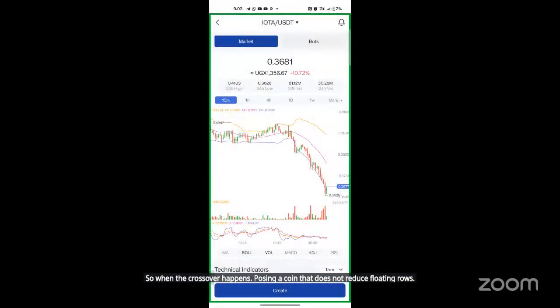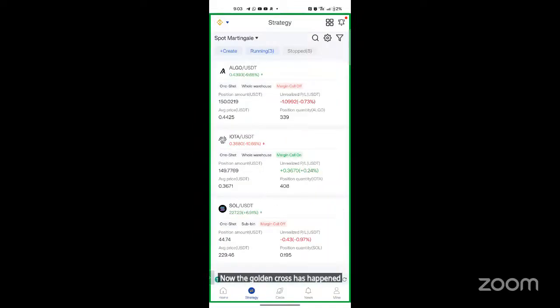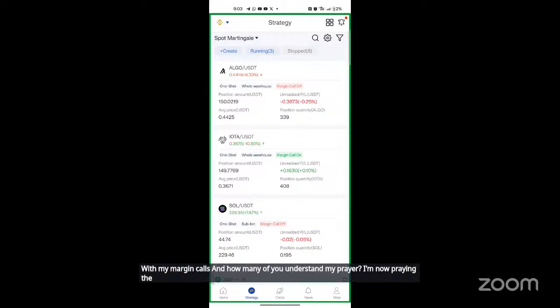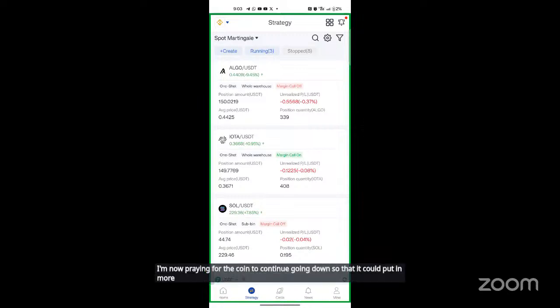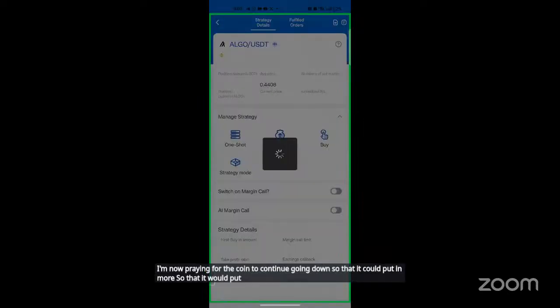Now the golden cross has happened and I'm in the market with my margin calls. How many of you understand my prayer? I'm now praying for the coin to continue going down so that it could put in more money.